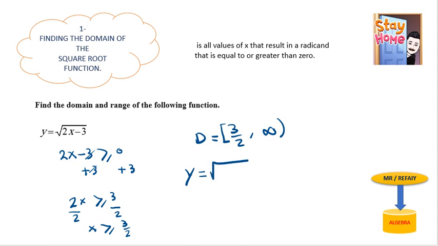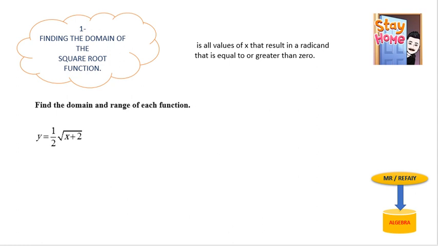So y equals root of 2 times 3 over 2 minus 3, which is equal to 0. So the range here starts at 0 until positive infinity. So it's closed at 0, open at positive infinity. For this example, I will let you solve this question.